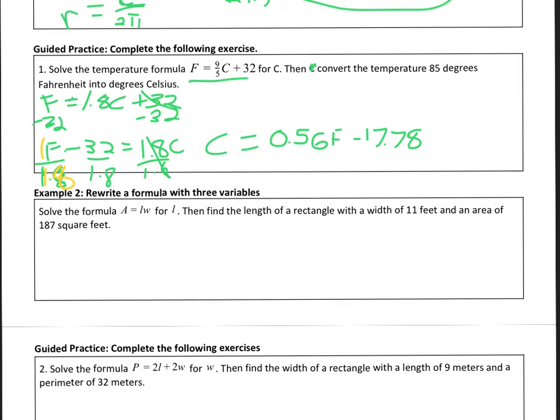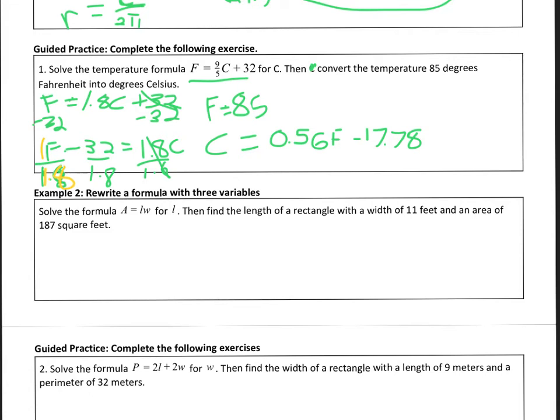So now that we've done all that work, we're converting 85 degrees Fahrenheit into Celsius. So we know in this case, F is 85. Geez, gotta work on my handwriting. F is 85, a little bit better. So I'm going to plug that into this formula, right?